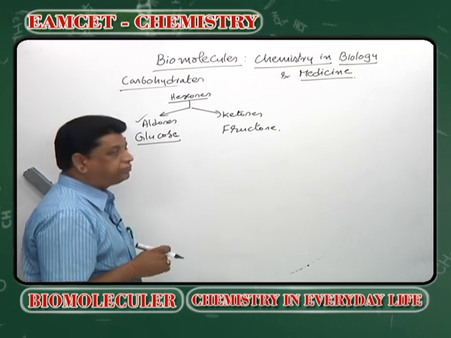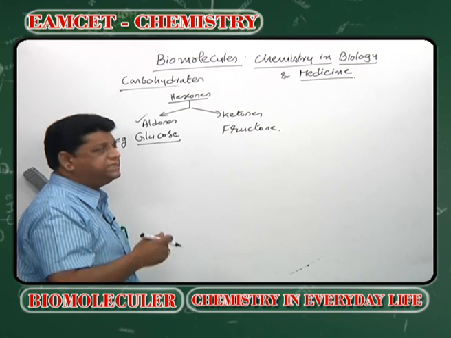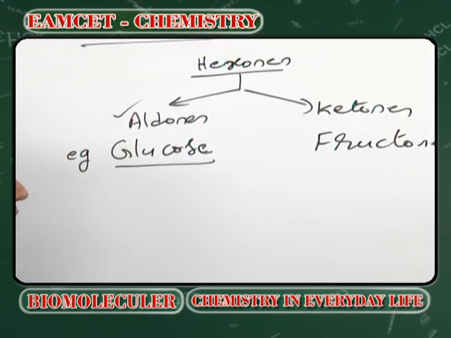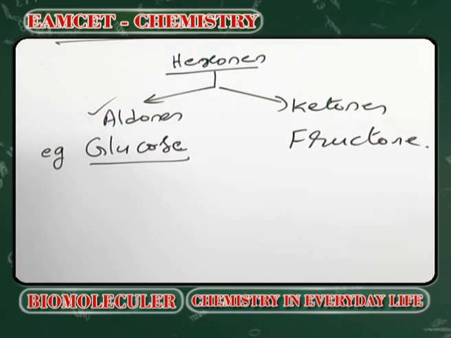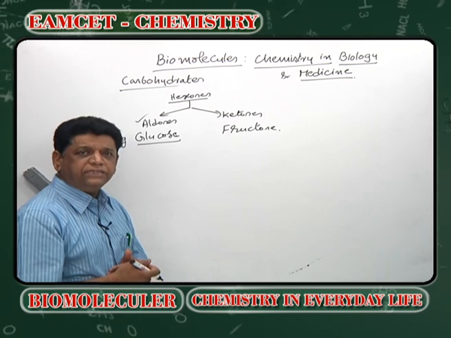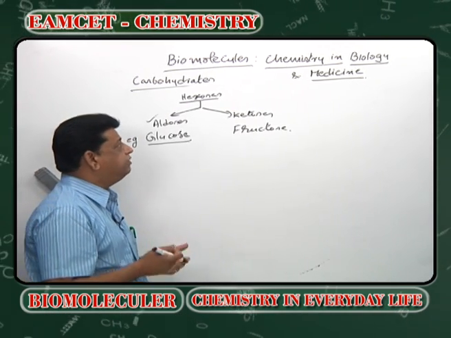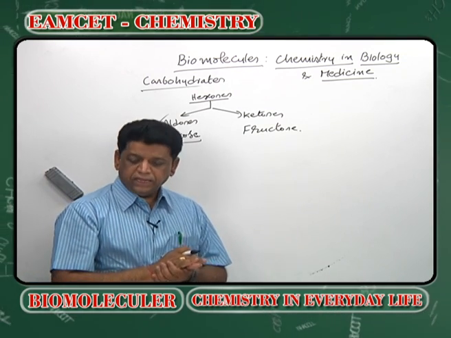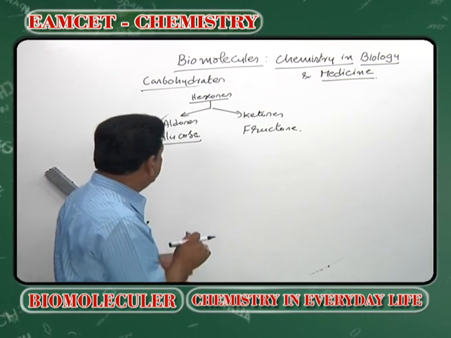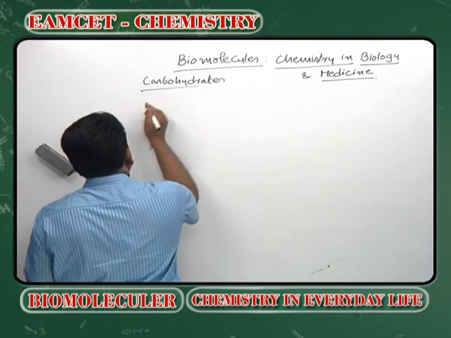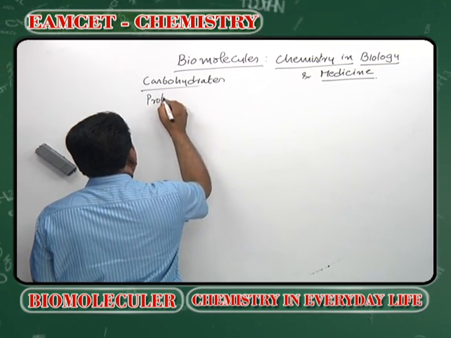Carbohydrates are the ready energy in the human body and biological systems. Carbohydrates are oxidized to ethyl alcohol, and afterwards to carbon dioxide, giving energy for the body. So carbohydrates play an important role. Then proteins are the second type of molecules.